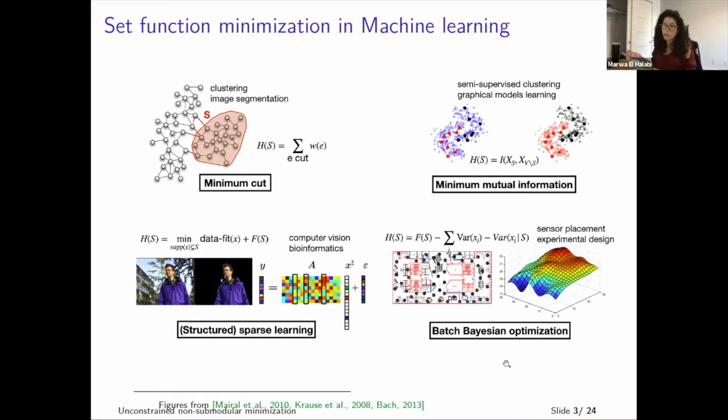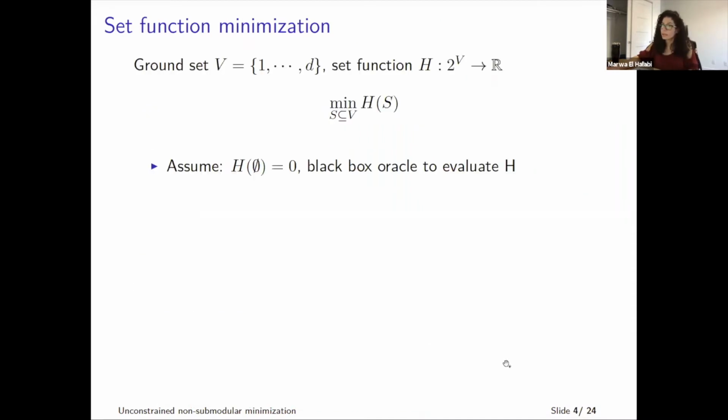We don't know the closed form solution of it, but we can query it. We want to select queries in a way that minimizes the cost of the queries while maximizing the information that we're getting about the function. So these are just some examples of where we have to solve set function minimization problems.